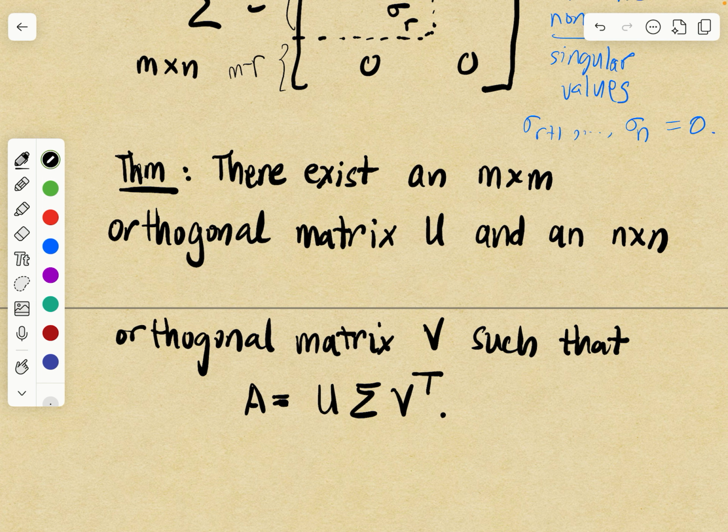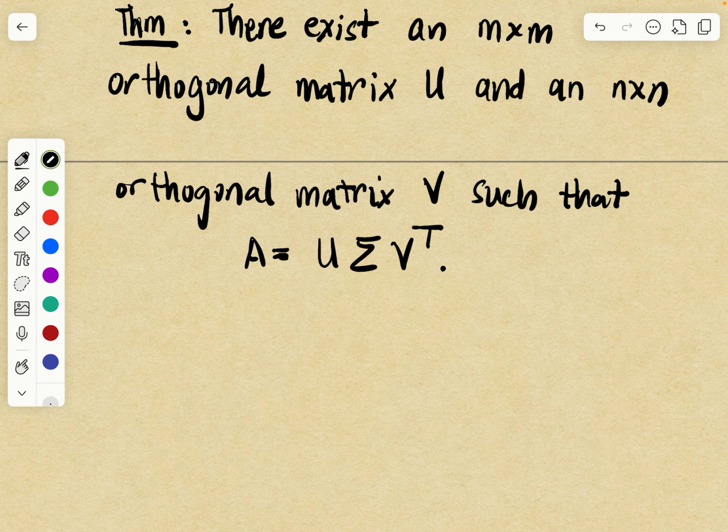That's the theorem. This decomposition of a matrix A into the product U times sigma times V transpose is called a singular value decomposition of A.